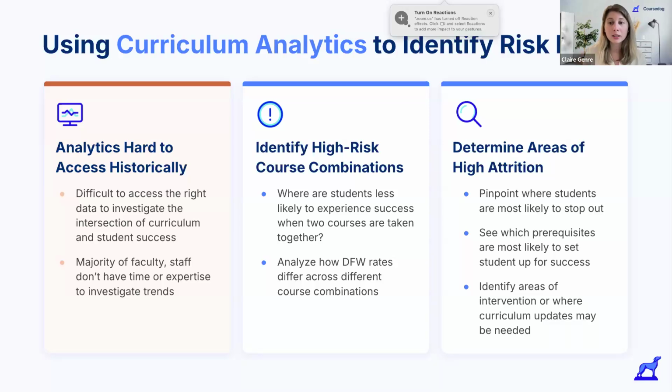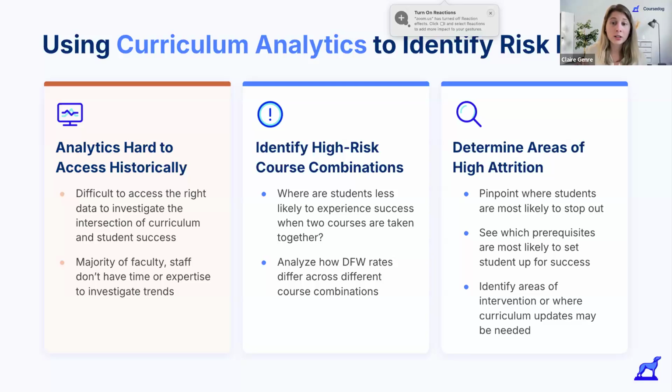It gives you the ability to use that data to identify things such as high-risk course combinations, where students are more likely to fail, or more broadly, any insight on where students are more likely to experience attrition on their academic path, whether that's switching from a program or from a degree to another, or just leaving your institution altogether.